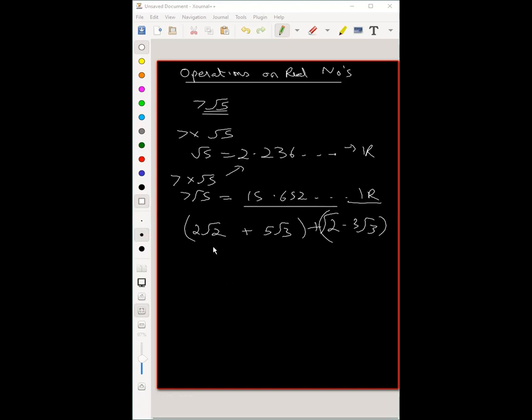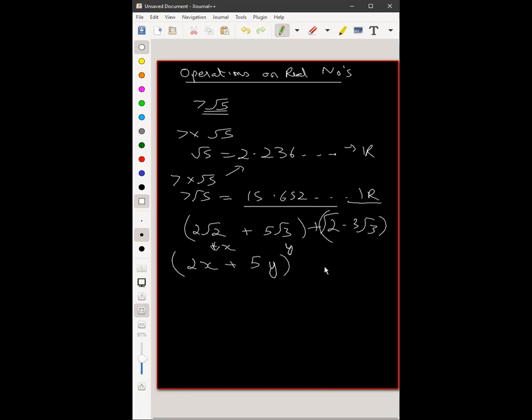Whenever we have a root, think of it as a different algebraic symbol. √2 and √3 are different numbers, different roots, right? So let's take this as x and this as y. So this is like 2x plus 5y plus x minus 3y.